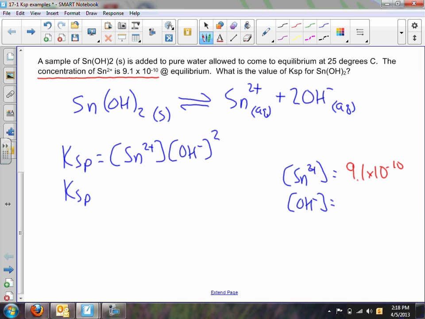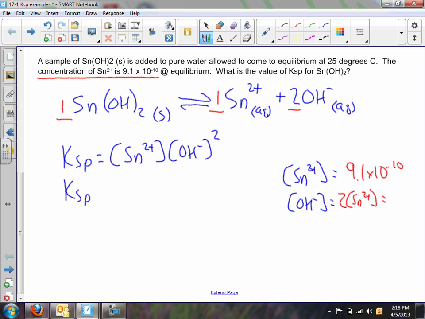Well, again, if we look back at our balanced equation, every 1 tin hydroxide will give me 1 tin and 2 hydroxides. So tin hydroxide to tin is a 1-to-1 ratio. Tin to hydroxide is a 1-to-2 ratio. So hydroxide is really just 2 times whatever your tin concentration was.